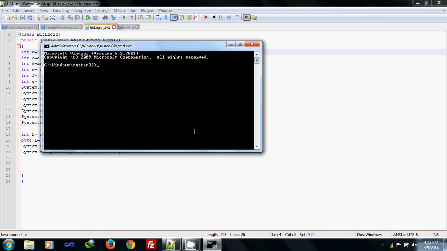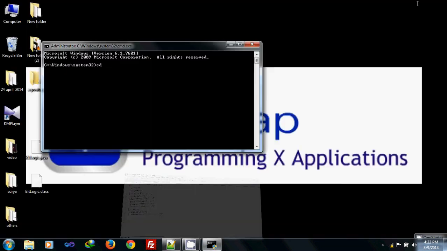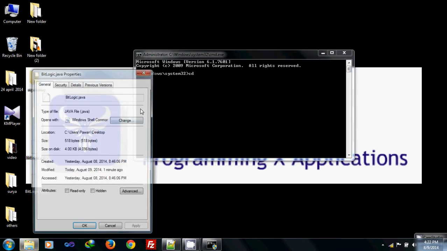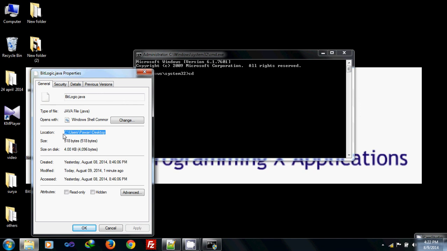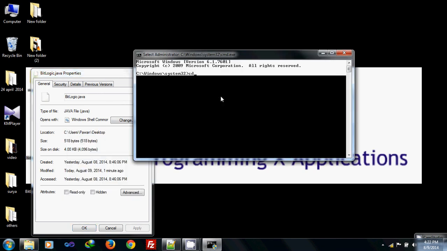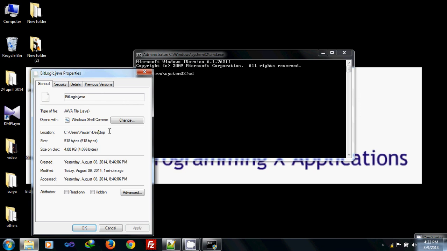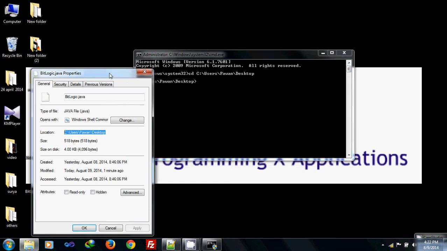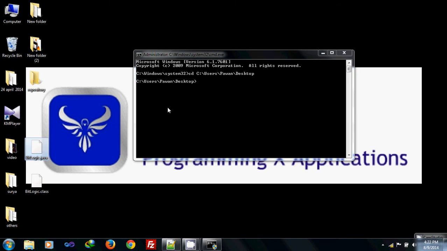So cd, I have to get the location. So getting the location, this is copied, copy and paste it, and give one space. Now I'll be compiling this file.